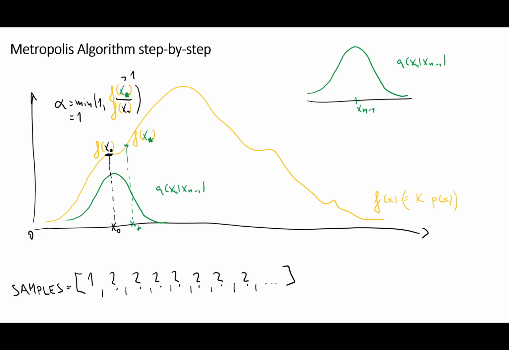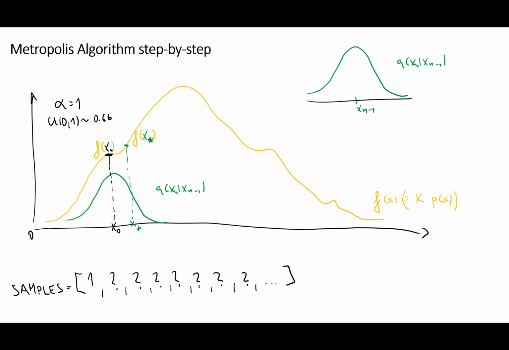Now we want to decide whether it's smart to accept x asterisk as our next sample on the path. Basically, we generate a uniformly random number between 0 and 1. If alpha is higher than this uniformly distributed number, then we accept the sample. Otherwise, we do not accept it.